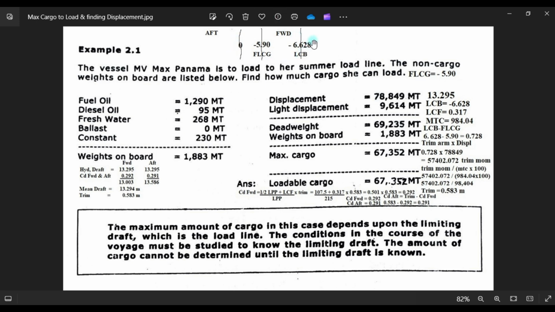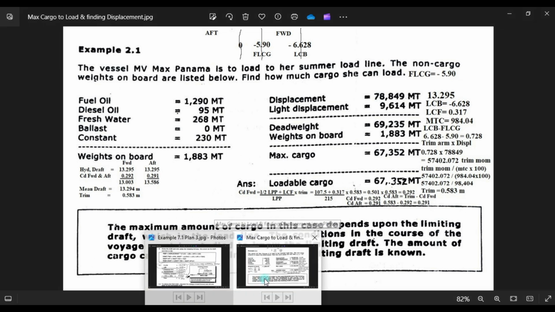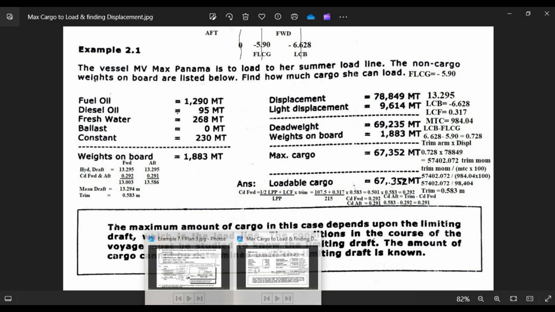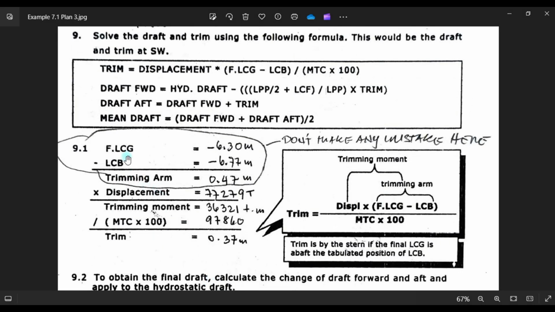Take note, if the final LCG is behind the LCB, then you are trimmed by the stern. So what's the formula for getting the trim? Displacement times final LCG minus LCB over MTC times 100.